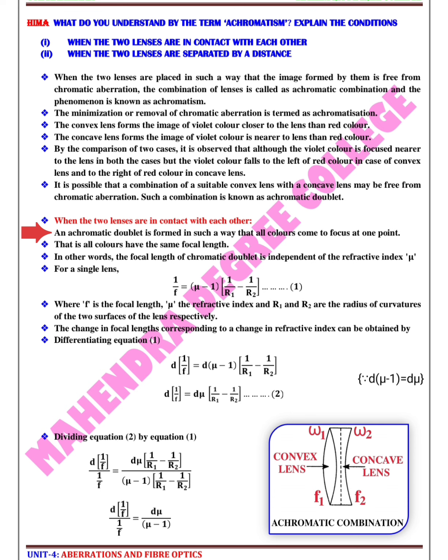So there is no color blurring. In very simple explanation, a lens pair or achromatic doublet is designed to remove color errors by making all colors meet at the same point. That is, all colors have the same focal length.